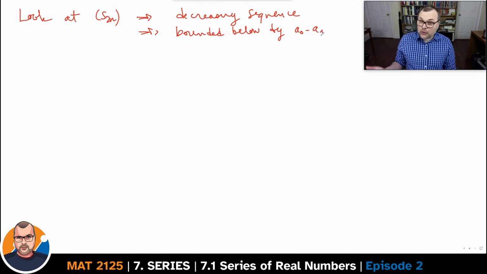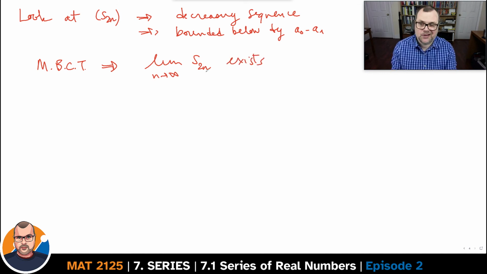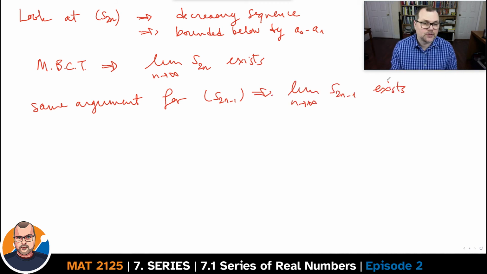And so if we use the monotone bounded convergence theorem, we conclude that the limit of the even numbered partial sums exists. You can do the same thing for the sequence of odd numbered partial sums. They're increasing and they're bounded above by A0, so the limit of S2n minus 1 exists.